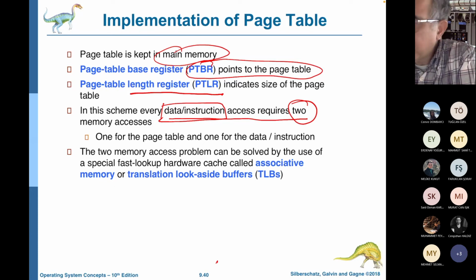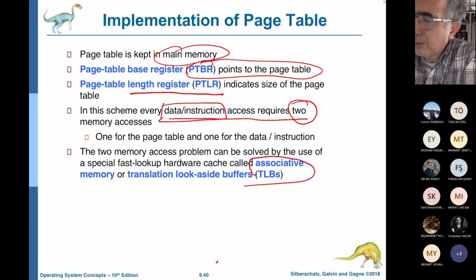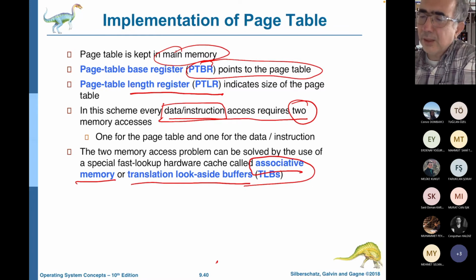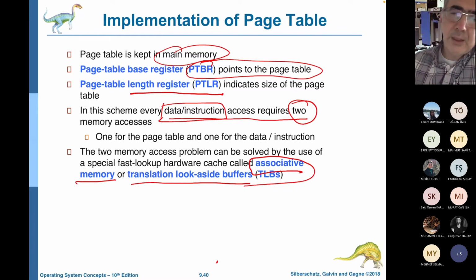So memory speed will be halved. Therefore, we use associative memory, named the translation look-aside buffer, which is a zero-time lookup memory for finding which page is located in which frame.